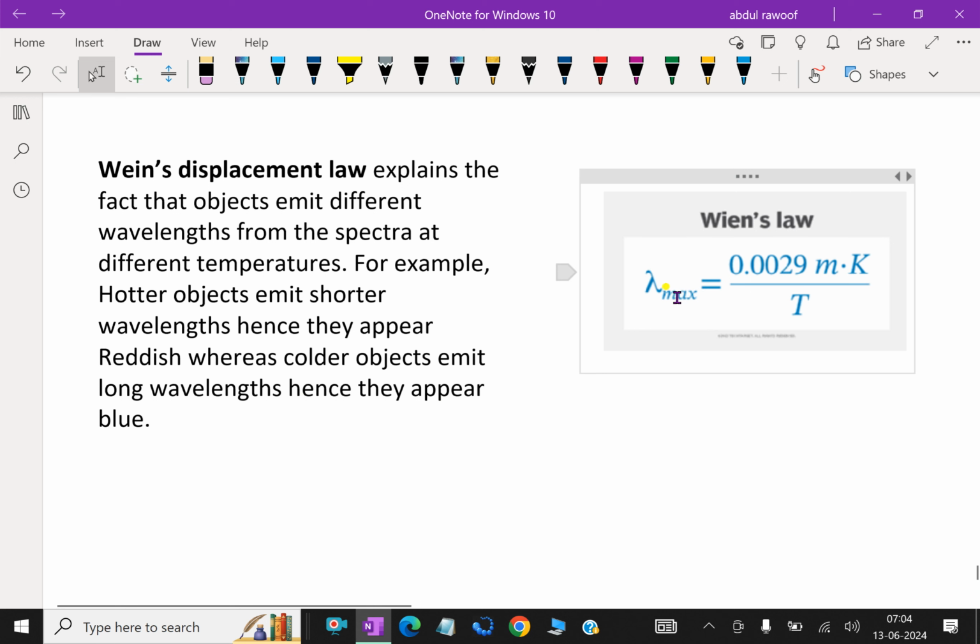This is Wien's law. Lambda max, that is the maximum wavelength, is Wien's constant, 0.0029 meter Kelvin, divided by the temperature in Kelvin. So this is lambda max.